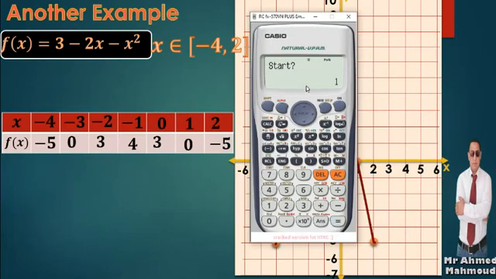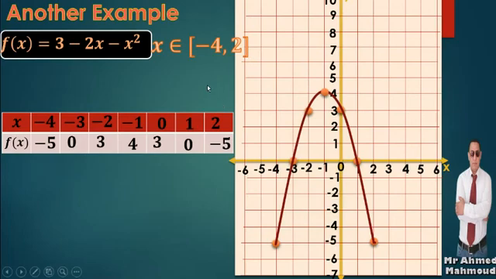Okay, equals. The start here is negative 4, the end here is 2, the step is 1. I will press equals directly. Okay, negative 4, negative 5; negative 3, 0; negative 2, 3; negative 1, 4; 0, 3; 1, 0; 2, negative 5, and this is the end. Okay, this is the calculator.